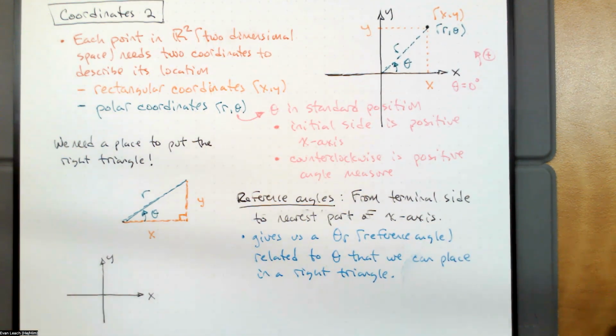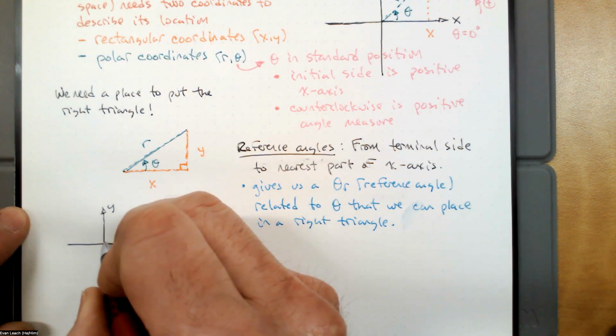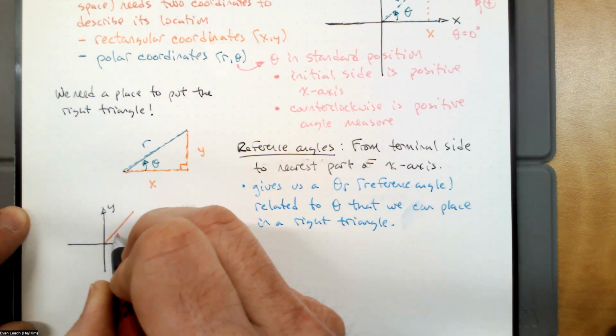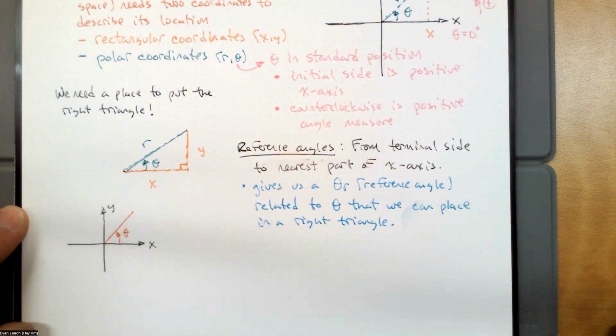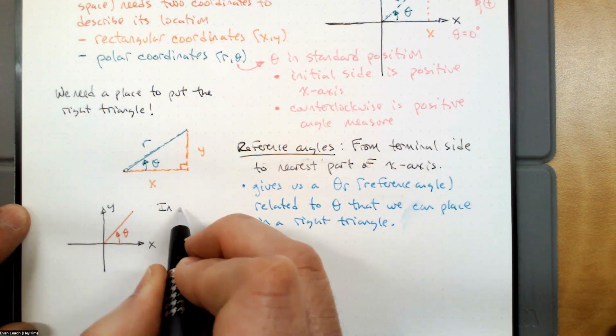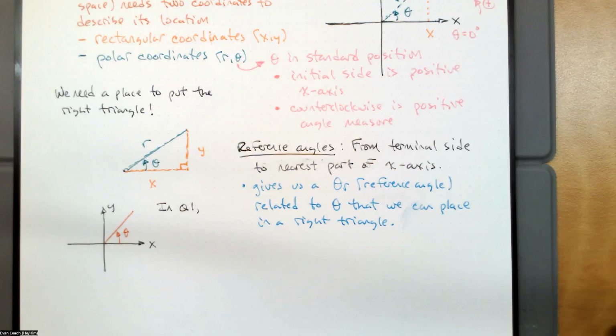If we've got a theta in the first quadrant, in quadrant one, the reference angle is just the angle. That's just the picture that we pulled from our original. That's where we're going to put the right triangle.